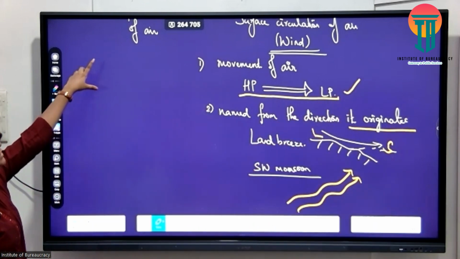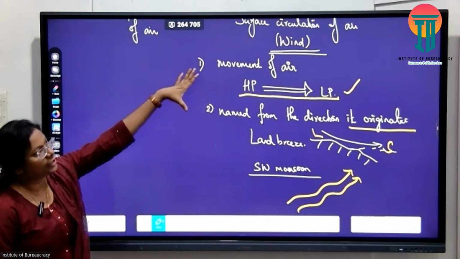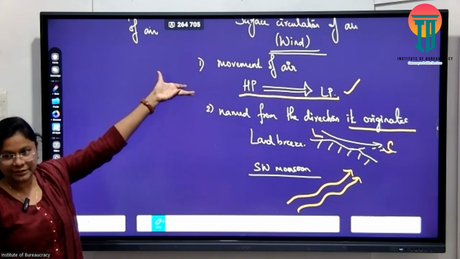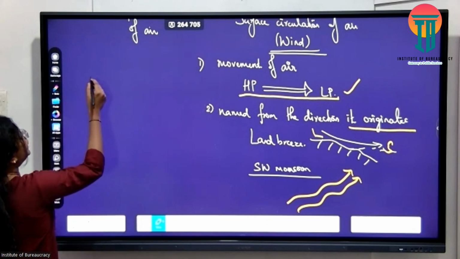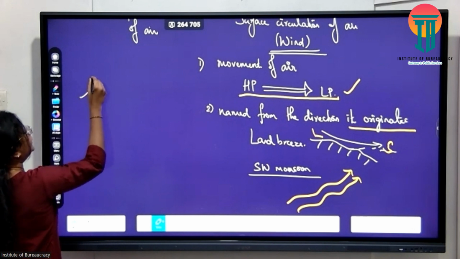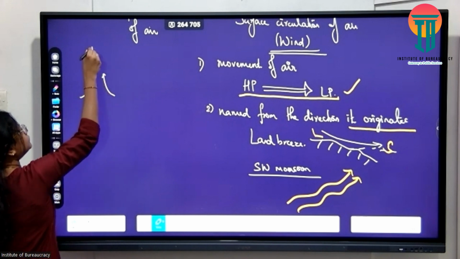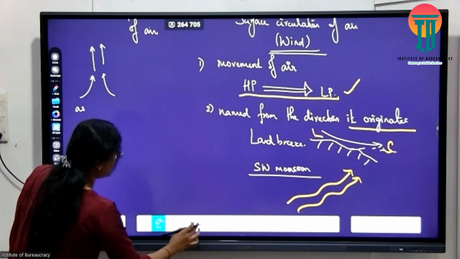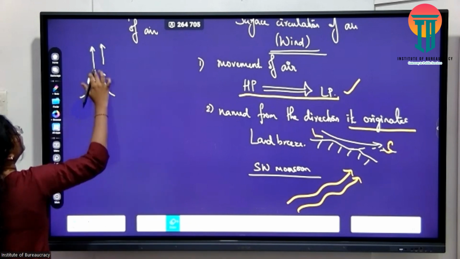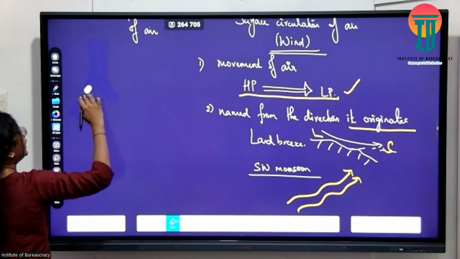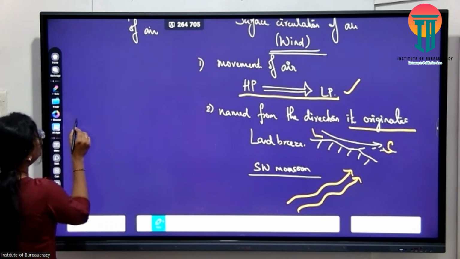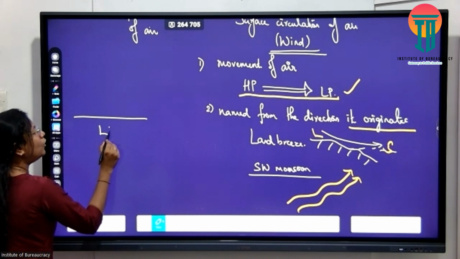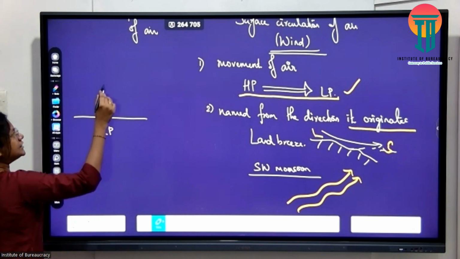Second is atmospheric circulation. One is surface circulation, which is what we know as the wind system. Second, in the atmosphere, whenever there is ascendance of air, two cases can happen. One is low pressure. How do we characterize low pressure? By ascendance of air.